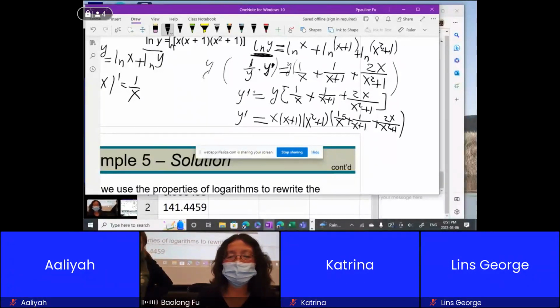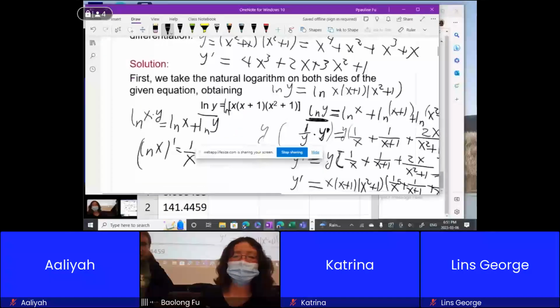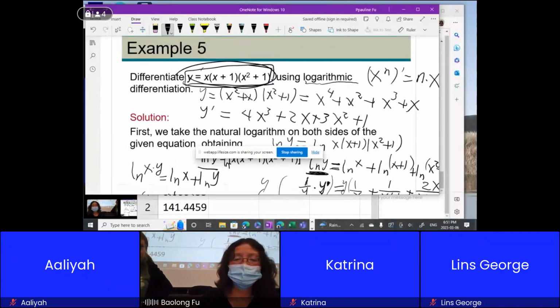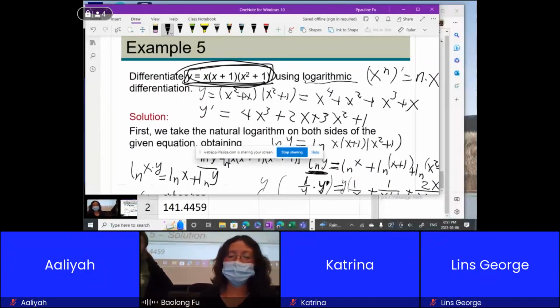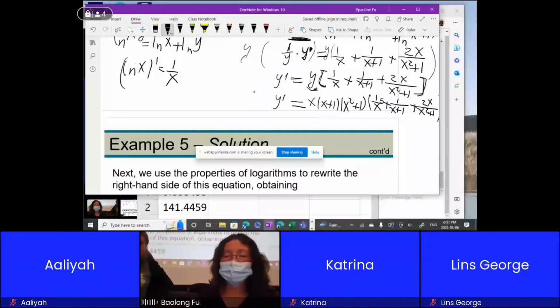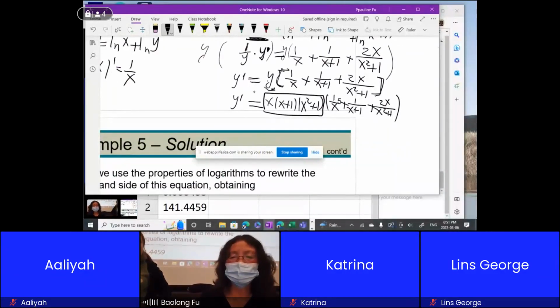You just have y prime on the left-hand side. On the right-hand side, you have y times this bracket. So what is y? y is this. So you plug in y with this and copy down this bracket here.